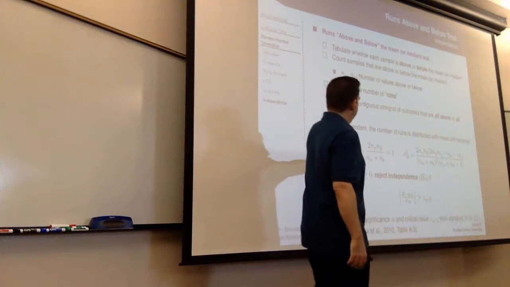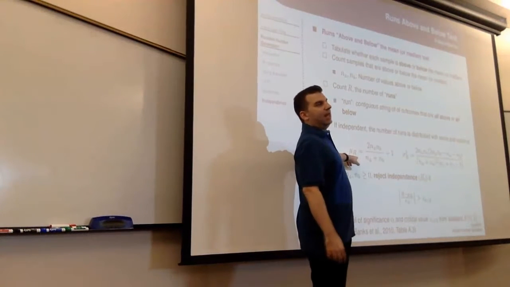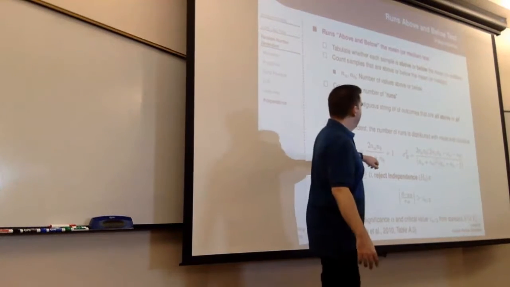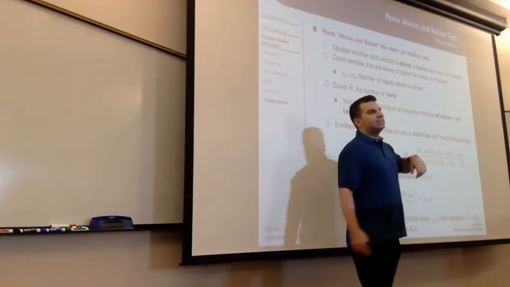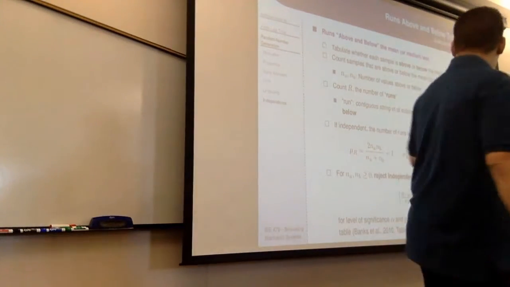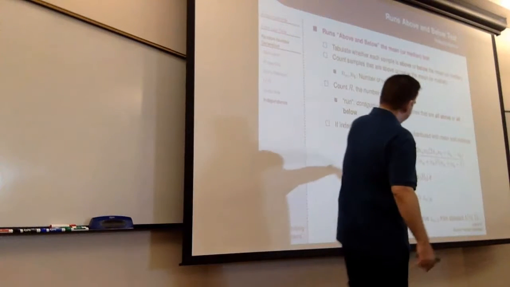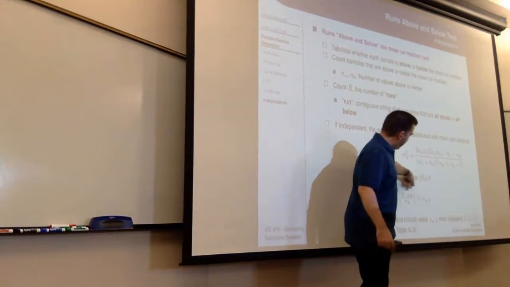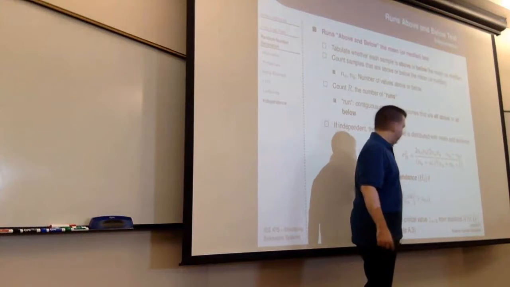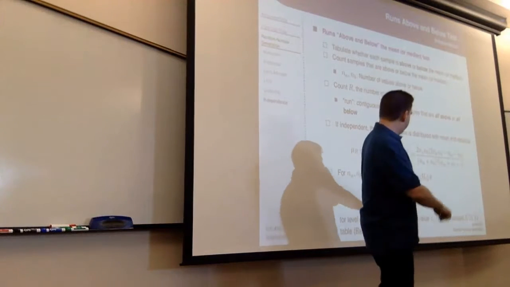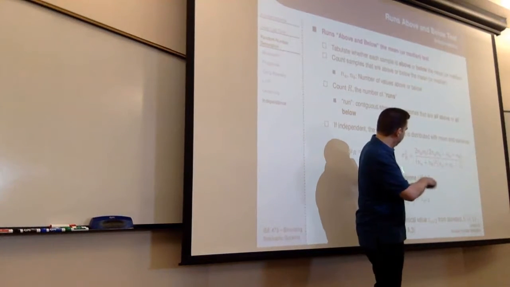You'll calculate this expected mean under the hypothesis of independence. You'll calculate this expected variance under the hypothesis of independence. And then you'll calculate a z-score: the number of runs minus the expected number of runs, divided by the standard deviation. So make sure you take the square root of the variance.